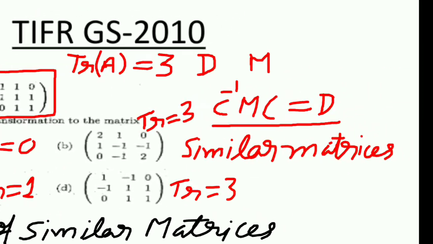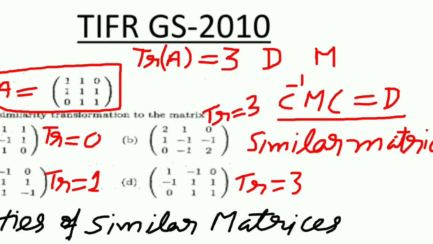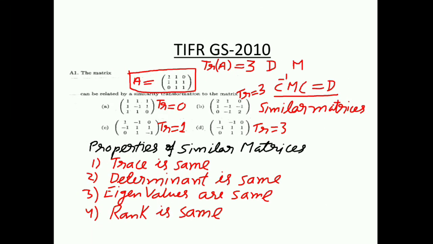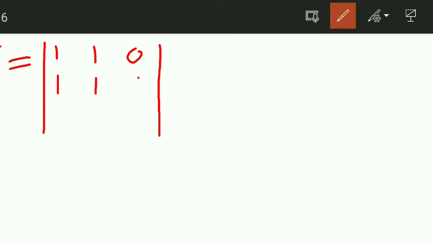So let us find the determinant of matrix A. Matrix A is given by 1 1 0, 1 1 1, and 0 1 1. So let us find the determinant of this matrix.